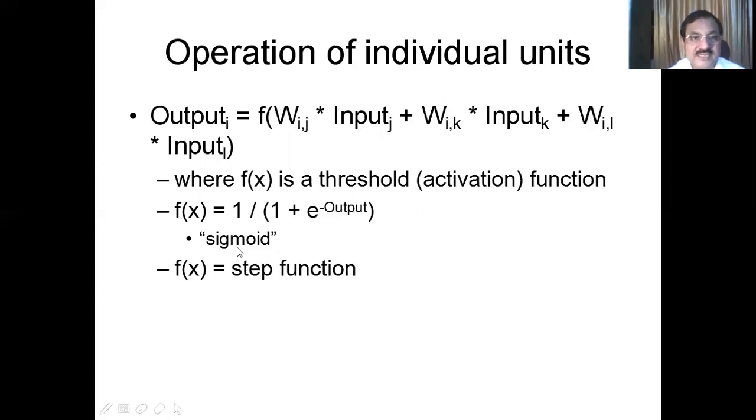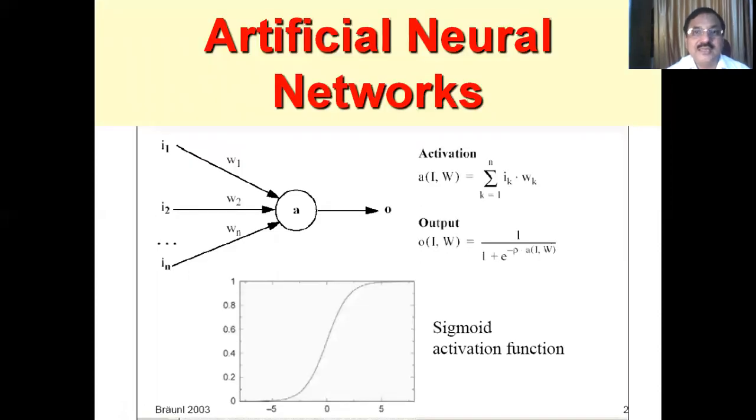So this one is a sigmoid function. If it is a value less than 0 and greater than 1, it is positive, then it is a step function. And here is the total network of the artificial neural network.